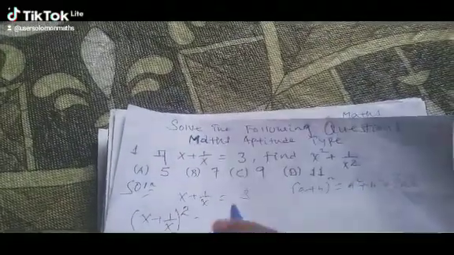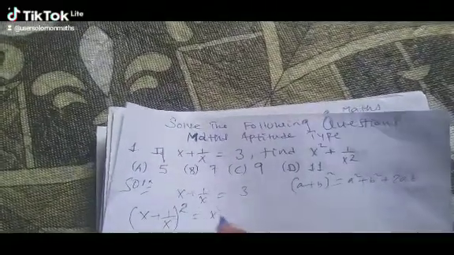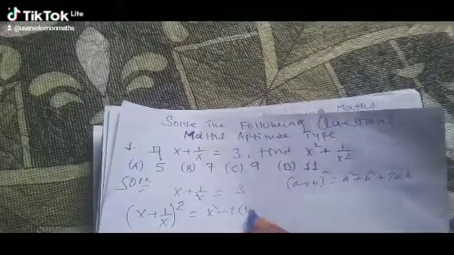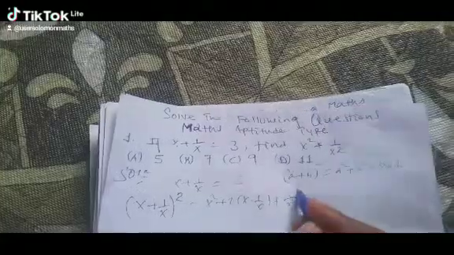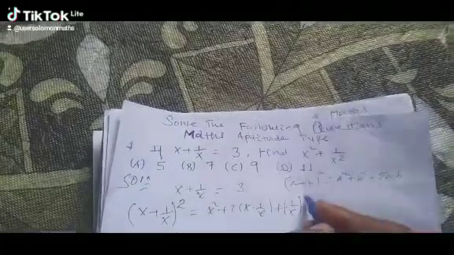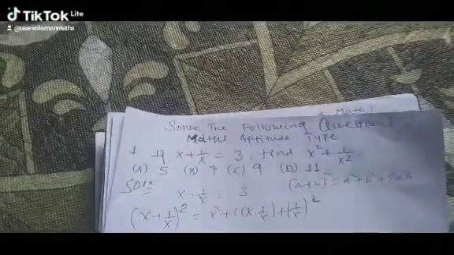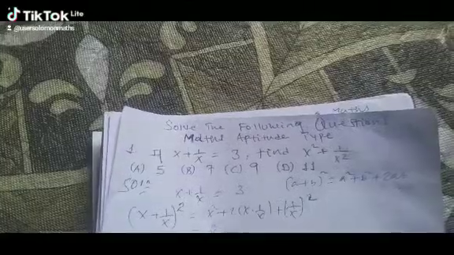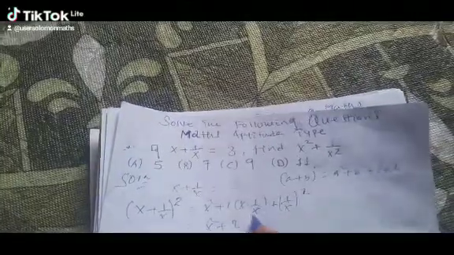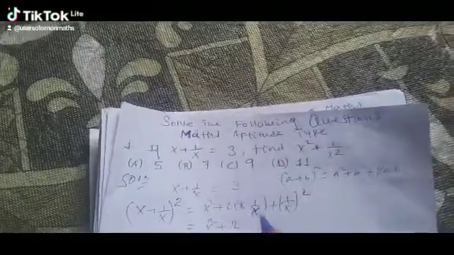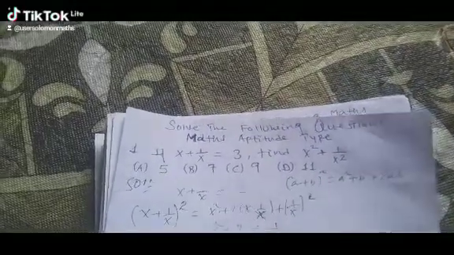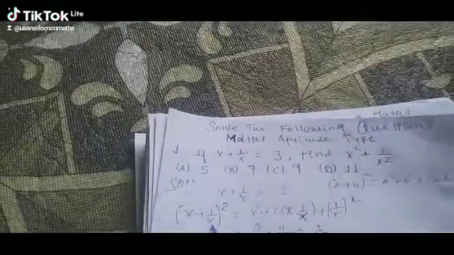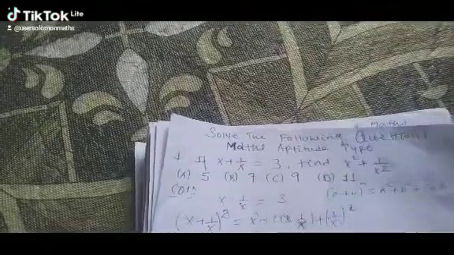By using this rule, x plus 1 over x, the whole square is equal to x square plus 2 times x times 1 over x plus 1 over x, the whole square. So this is equal to x square plus 2, x by x cancels, plus 1 over x square. So x plus 1 over x is given, which is 3.